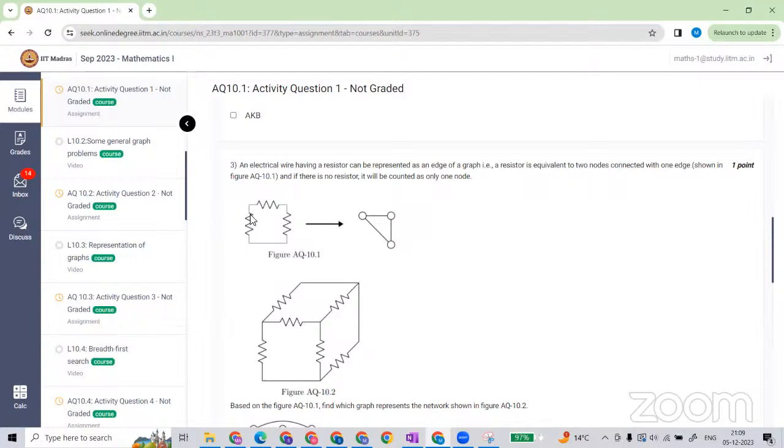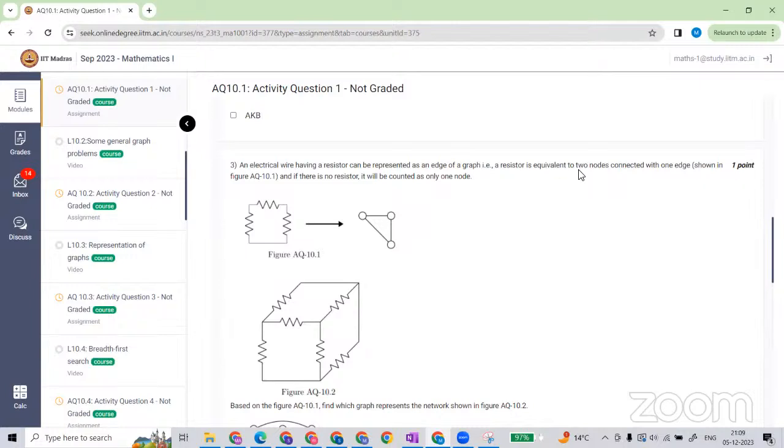So here, the resistor can be represented as the edge of a graph.